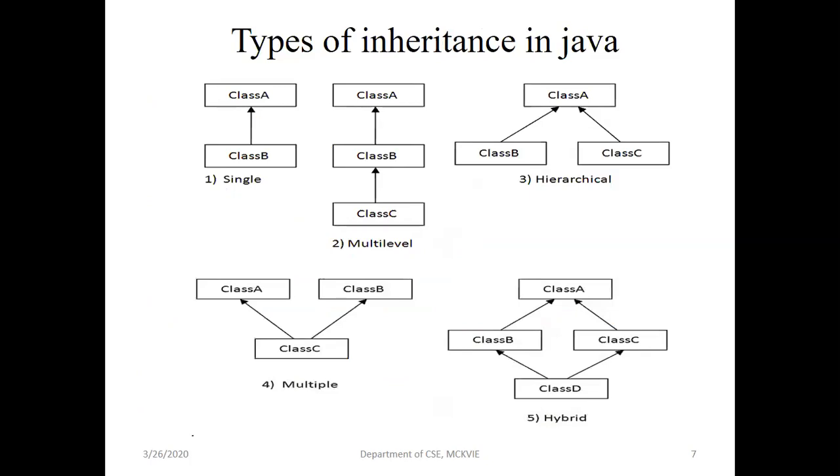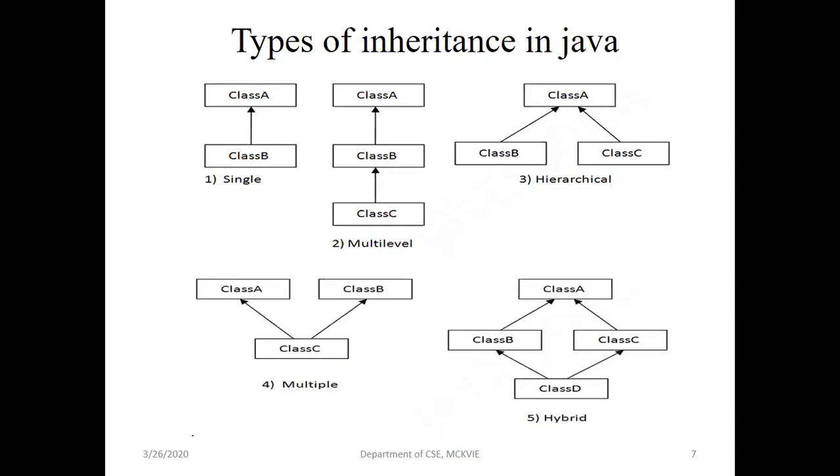Now, the very important part: types of inheritance. The previous example that we already discussed is the first type, that is called single level. What is the meaning of single level? There is only one parent class and one child class.